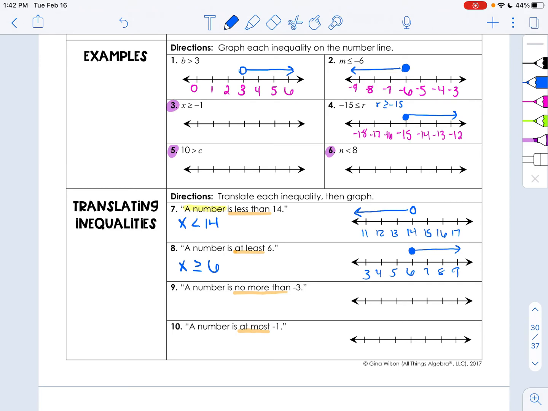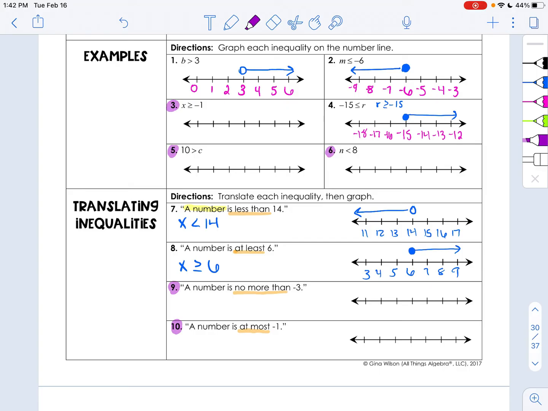This also means the numbers greater than 6 that aren't pictured on the number line, such as 15, 20, or 22, are also included because I added the arrow to the end of my line. Go ahead and highlight number 9 and 10.